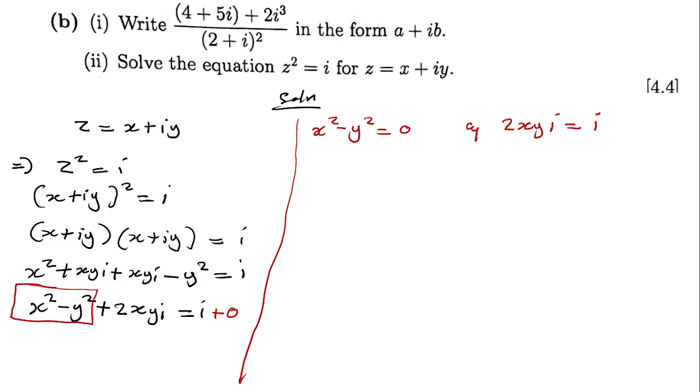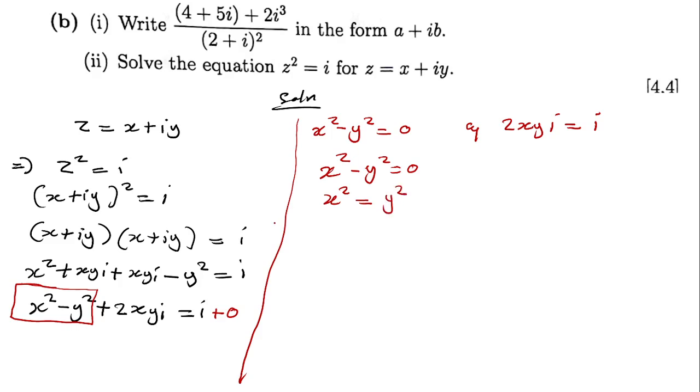Okay, so this is where now the tricky part comes in. So what you're going to do here, you're going to work out this side first. So you're going to say x squared minus y squared is equal to 0. So x squared is equal to y squared.